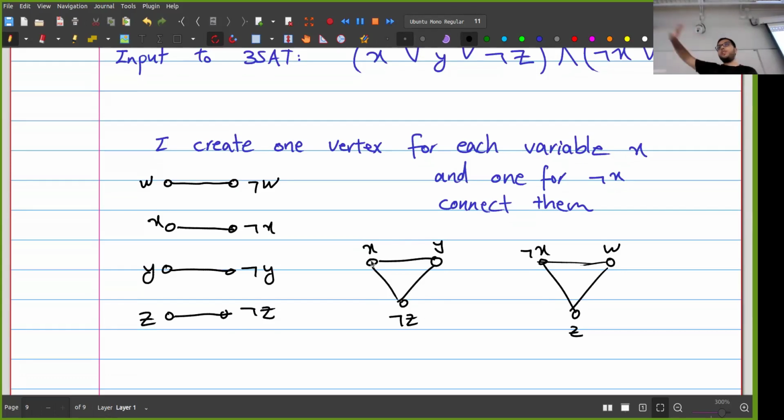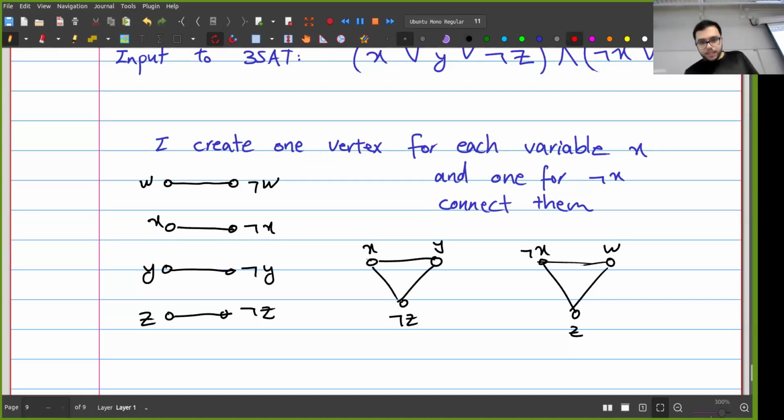This means that everywhere else, in every other clause, X is also satisfied, right? But I have to somehow enforce this. How can I enforce this? Well, if I take X into my independent set, I'm intuitively thinking that I want to set X to true. But that means that I cannot set negation of X to true. So I cannot have this vertex in my set. And that's the whole idea.